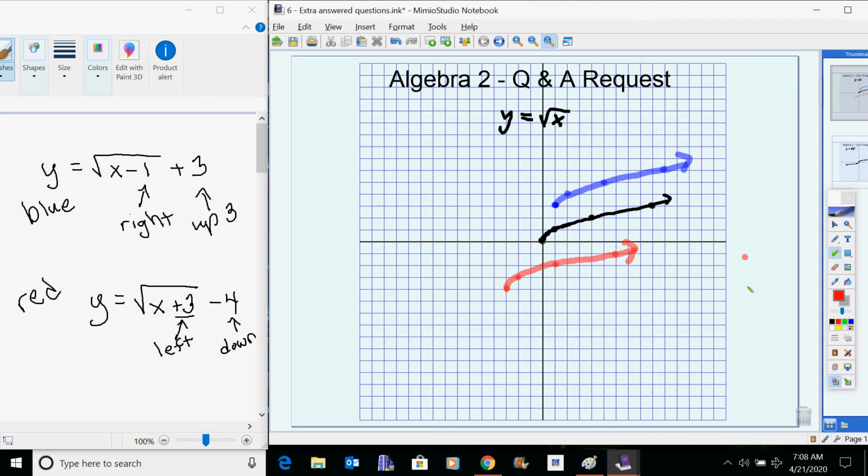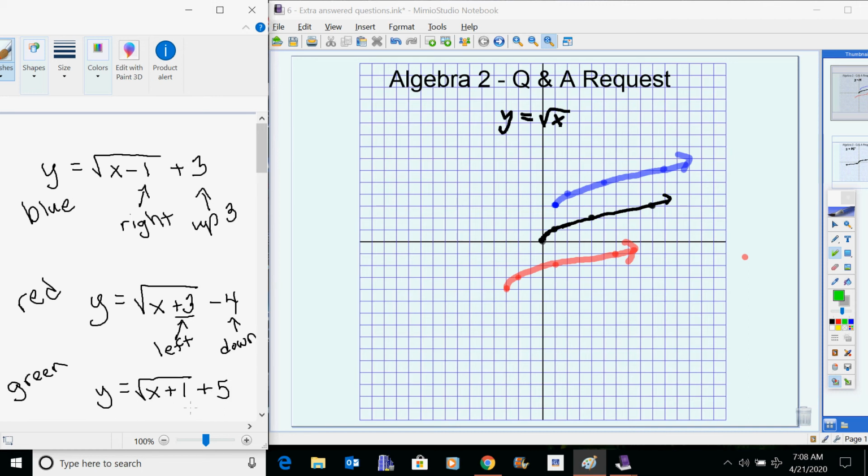Okay? And let's do one more in green. If we had the graph of y equals the square root of x plus 1, plus 5.